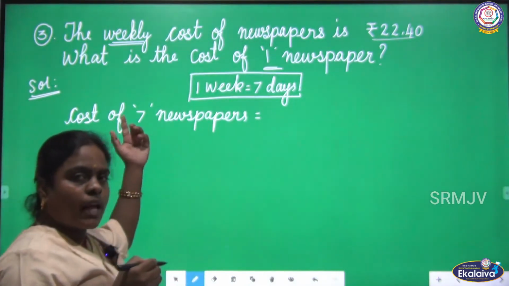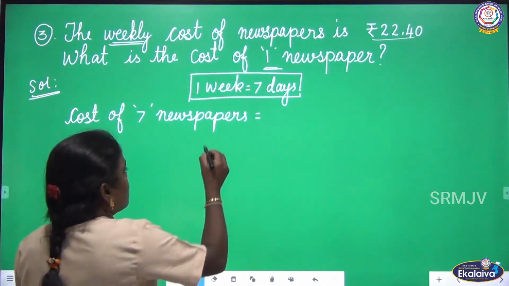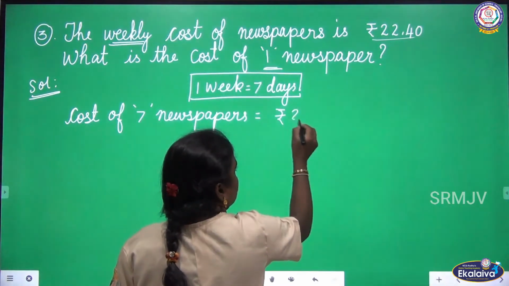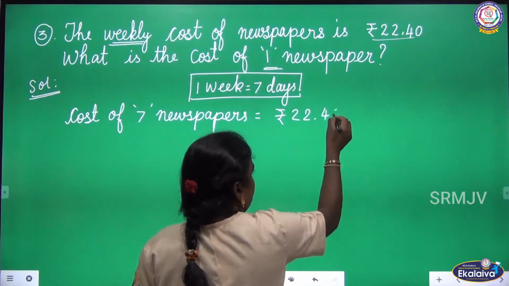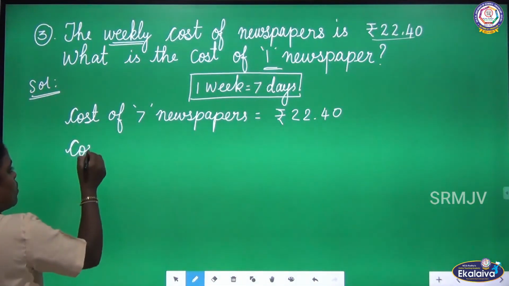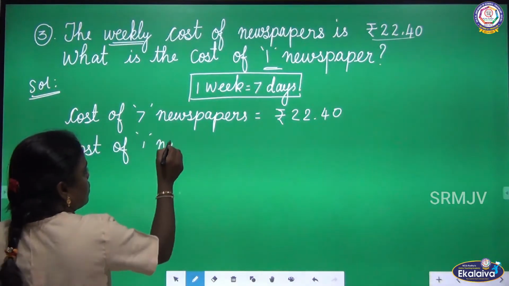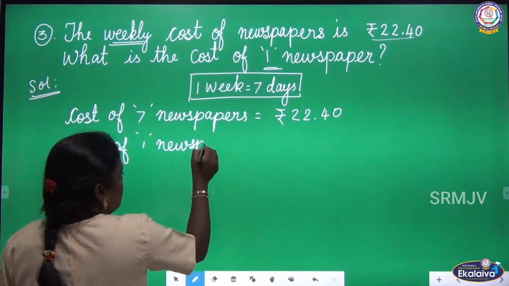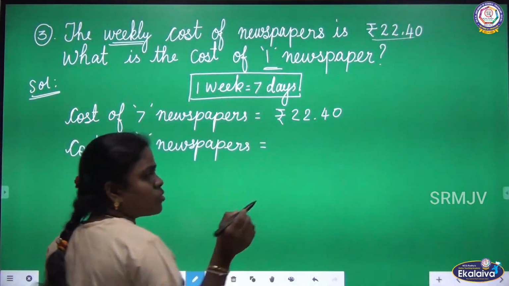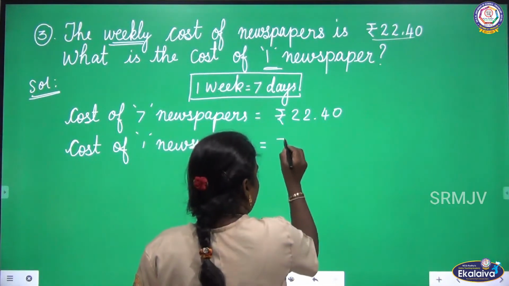So we have to take the word week as equal to 7 days. So cost of 7 newspapers equals rupees 22 and 40 paise. We want to find out the cost of one newspaper. From anything, to find out the value of one thing, we have to divide.